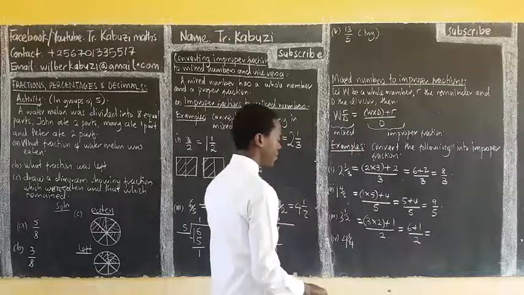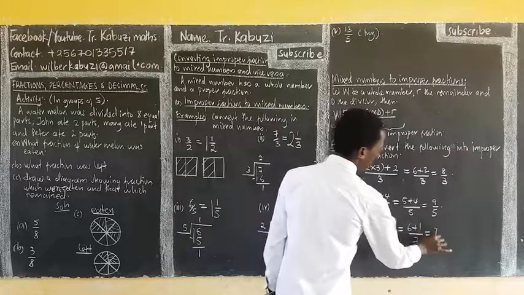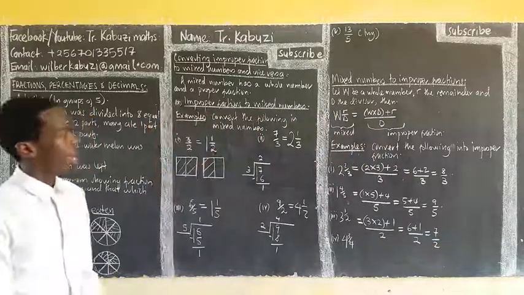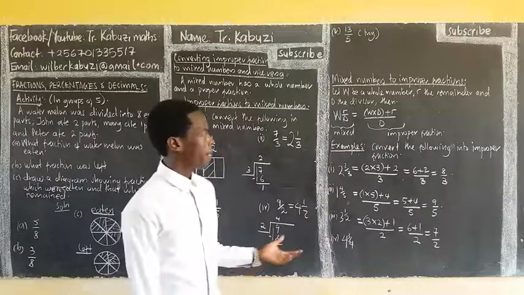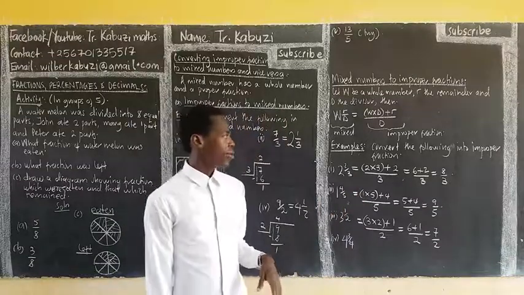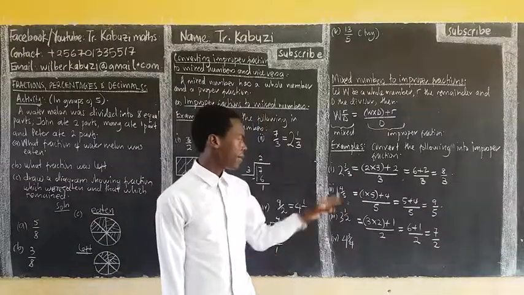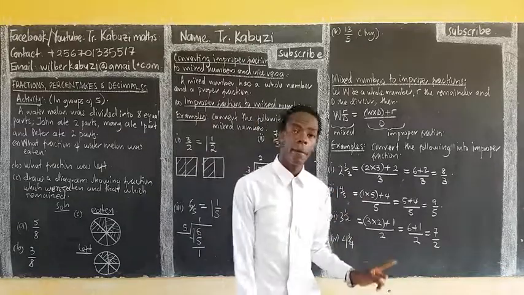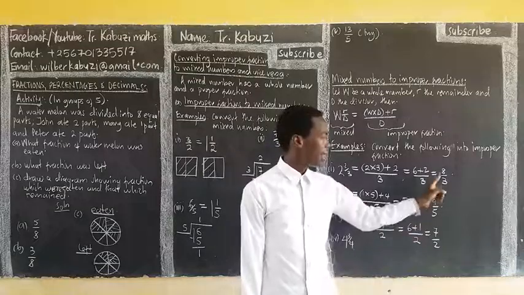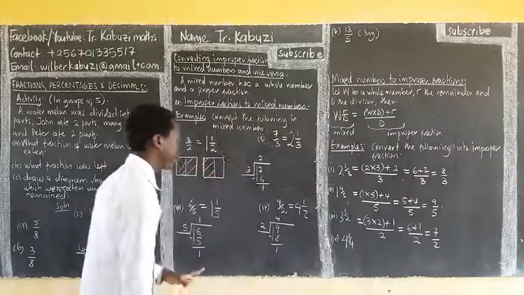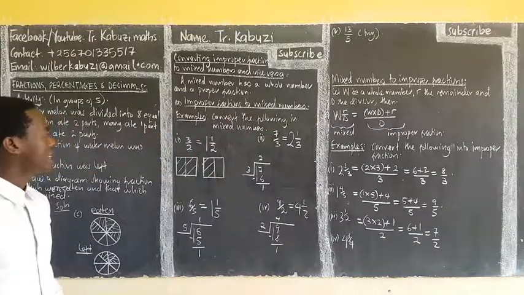And that will give us 7/2. I think we are there. So that's the easiest way of converting from mixed number to improper. I think we said all of them are improper. Why are they improper? The numerator is greater than the denominator or the divisor. So that's what we had to take today.